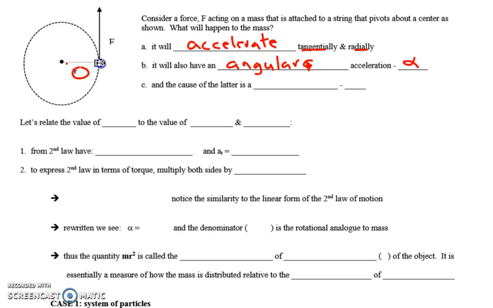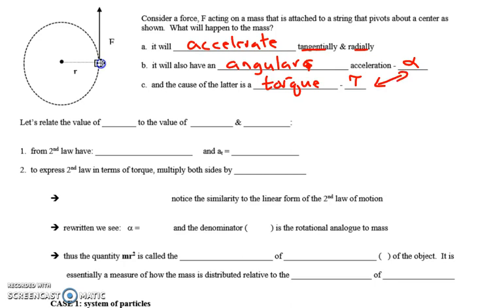Well, not a force in and of itself, because where the force acts makes a big deal. If I put the force right there through the pivot point, there is going to be no angular acceleration. So we know it's got to be a combination of F and where it acts. In other words, it's nothing more than the torque, tau.